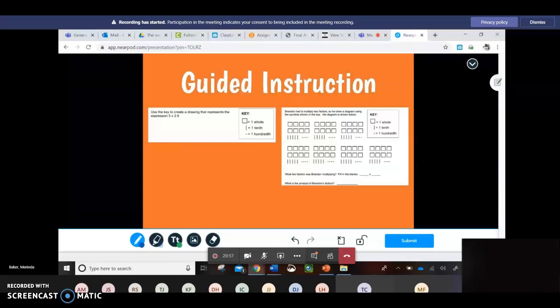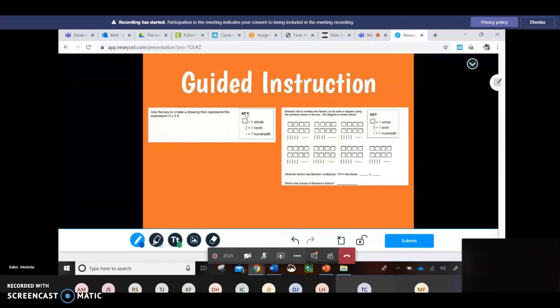Alright. So it says use the key to create a drawing that represents the expression 5 times 2 and 8 tenths. So remember, I know we went over this in school, so let's have a refresh on it. In your lower grades, like up to second grade, this key represented hundreds.